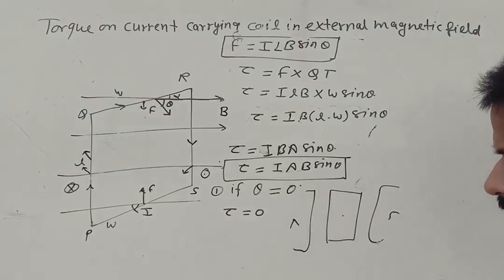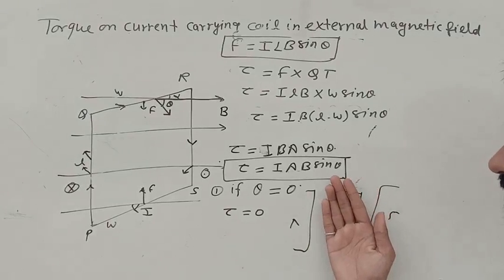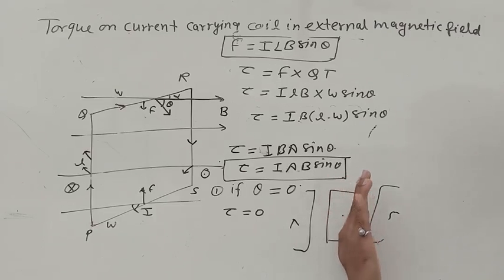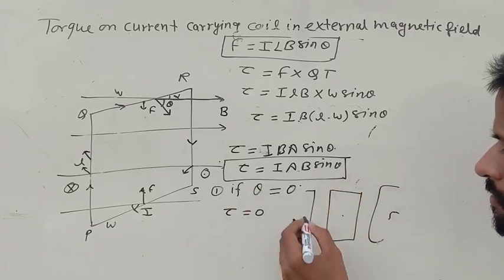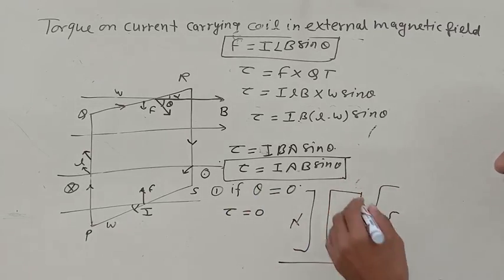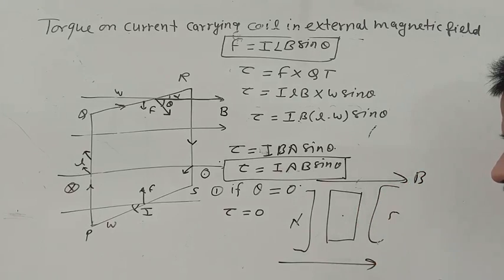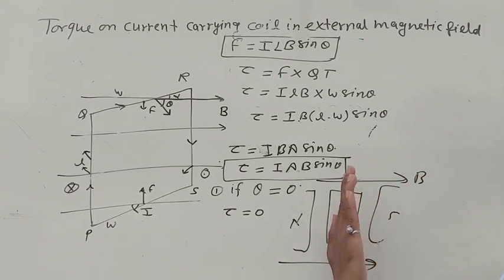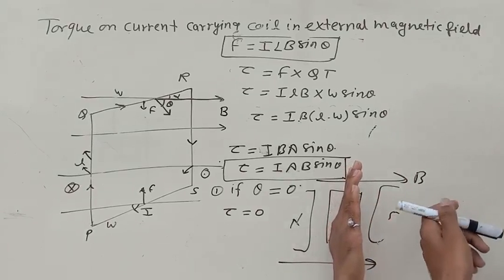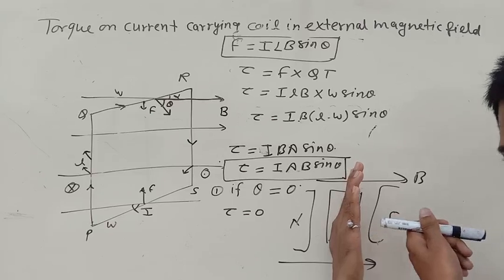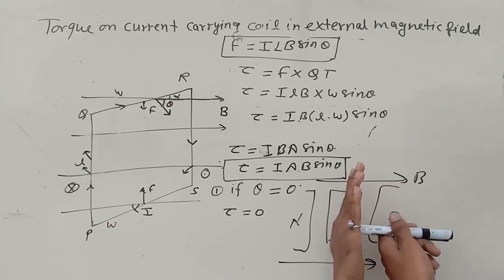Okay. So now if the coil rotates in such a way that it will move like this. This is the coil now. This is the direction of magnetic field, and this is the coil. So this is the area vector. So area vector and magnetic field both are in the same direction, and angle is 0 and torque is minimum, torque is 0.